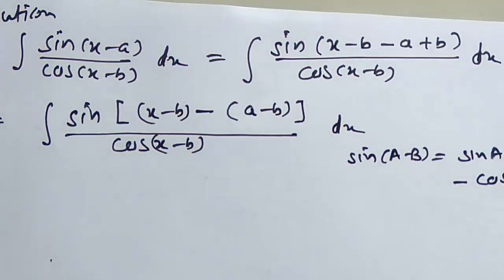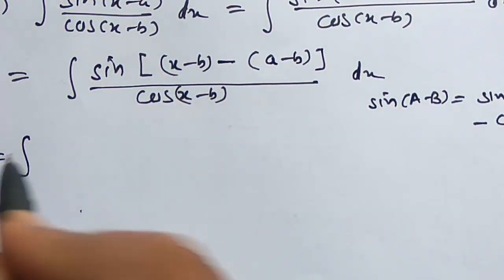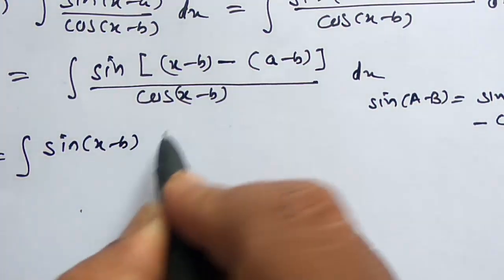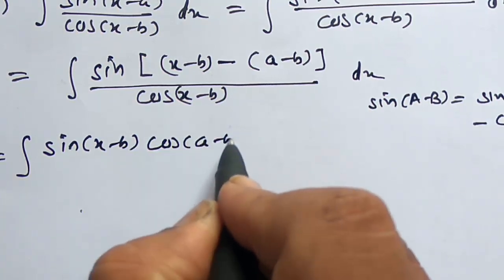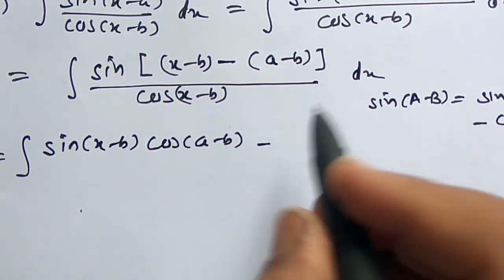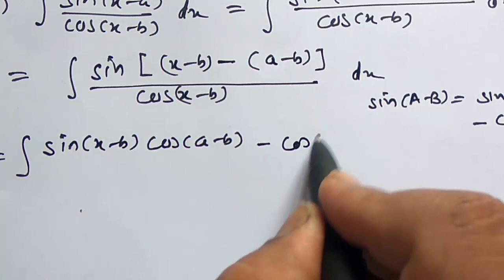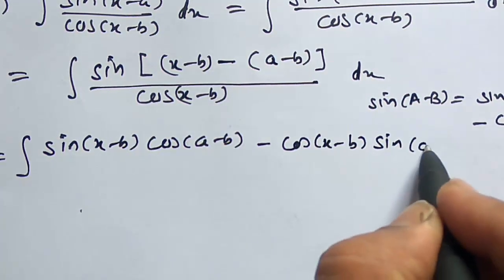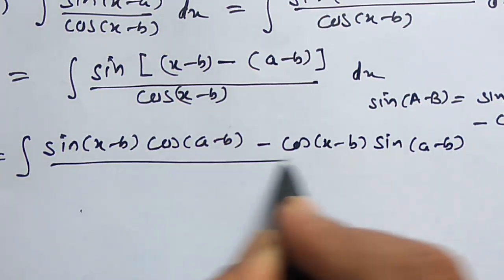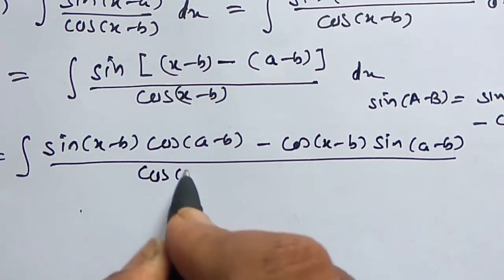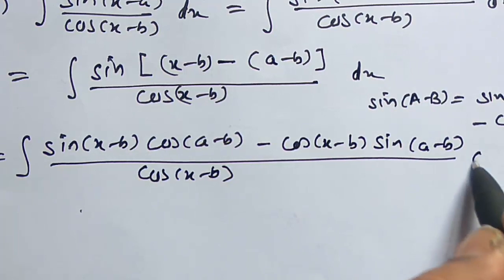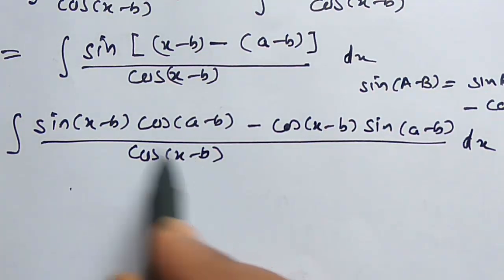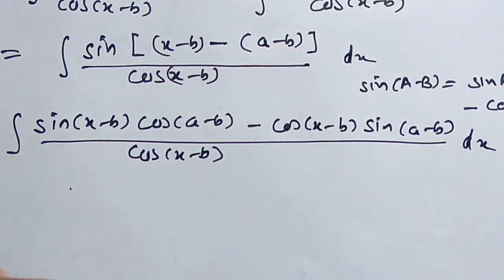Using this formula, it is equal to integration of sine of (x minus b) into cos of (a minus b) minus cos of (x minus b) into sine of (a minus b) divided by cos of (x minus b) dx. Now we divide cos of (x minus b) to each term.